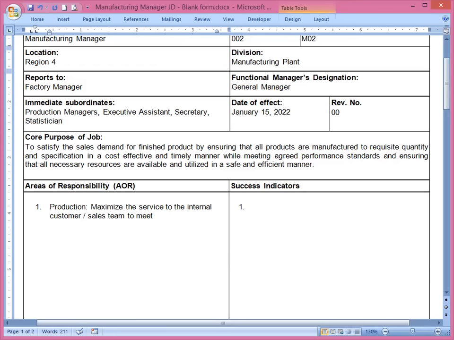So you are low in terms of the achievement of the SLA, service level agreement, to meet the demand of forecasted sales. You can say slash production.